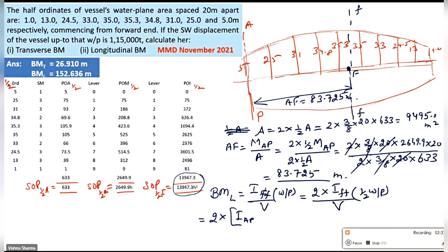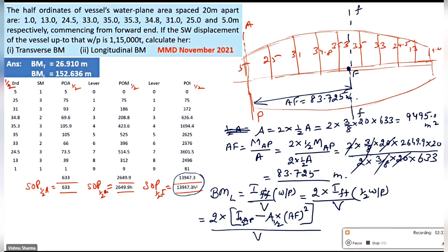You are not taking my hints at all. Half area, minus. You remember we discussed yesterday? Full area into AF square. Yes or no? Correct? This is IFF, and half area, all divided by the volume.